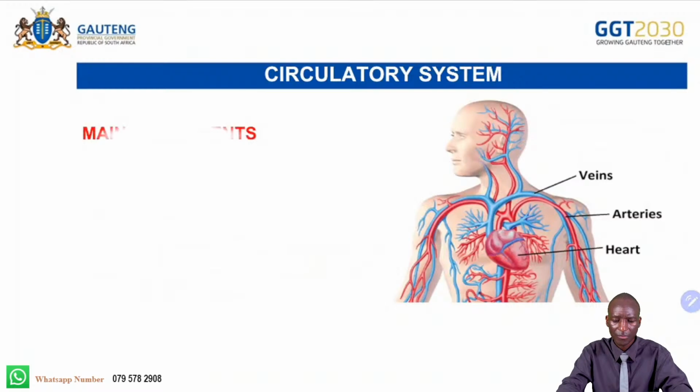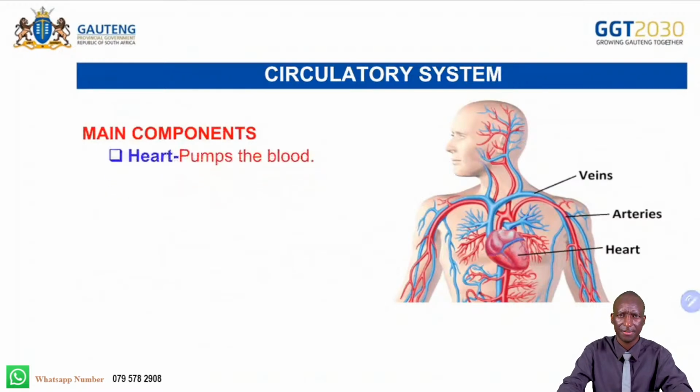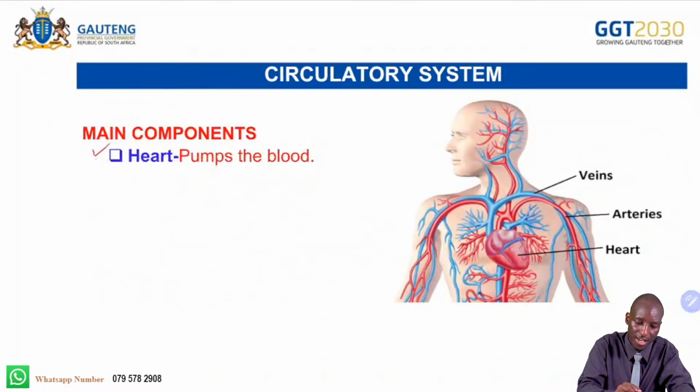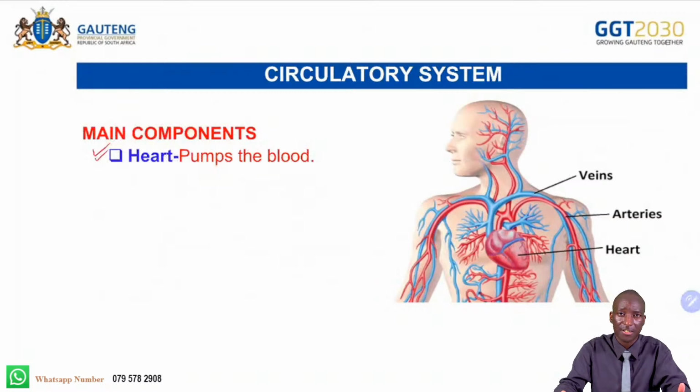Now we look at the main components of this system. We've got the heart. The main function of the heart is to what? Pump blood. It's the one which pumps blood throughout our body parts, throughout our body cells.